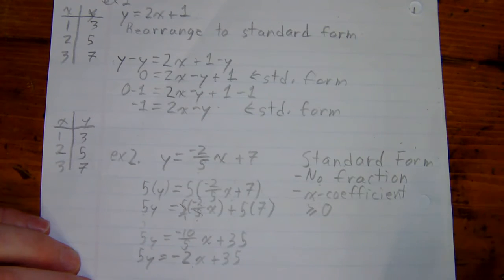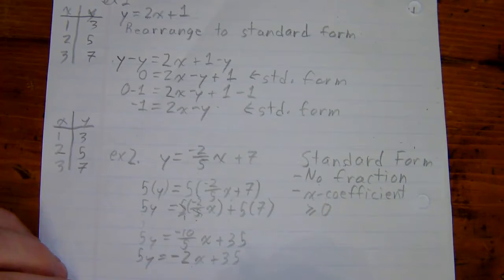We're not going to allow a negative x coefficient. And if we look here, the x coefficient is negative. There's two ways we can fix this. We can either move everything over to the other side, or we can multiply everything by negative 1.